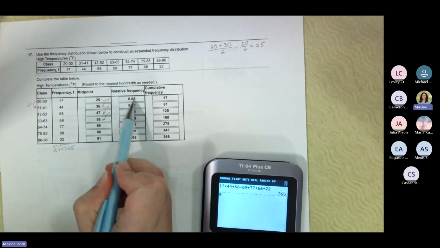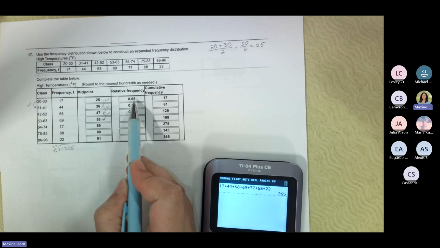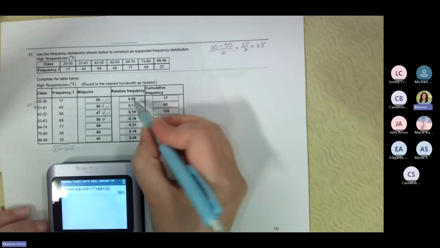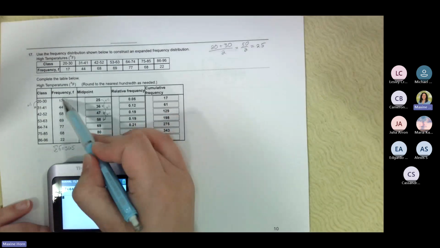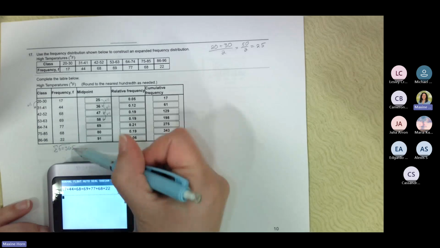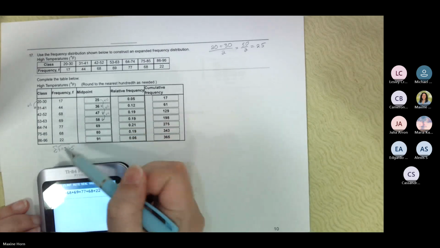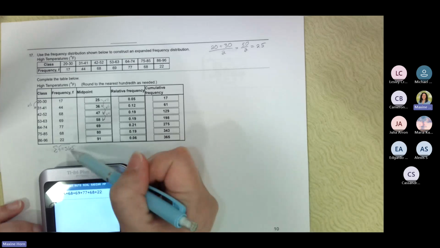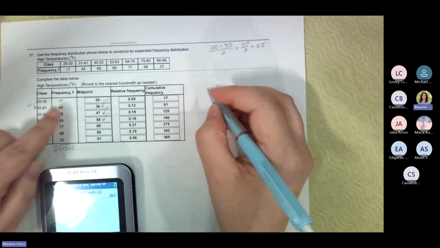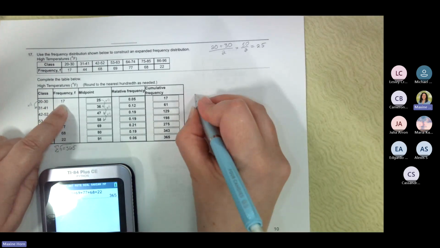So relative frequency is the representation of the frequency of this particular class in relation to all of the data points. So what you're going to do is take the frequency that you have. Actually, I guess I'll write it up here. Can I zoom in a little bit?